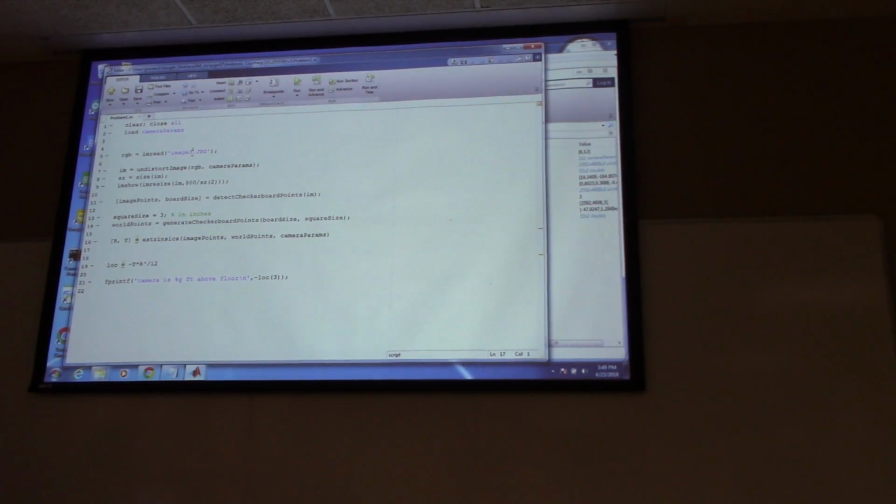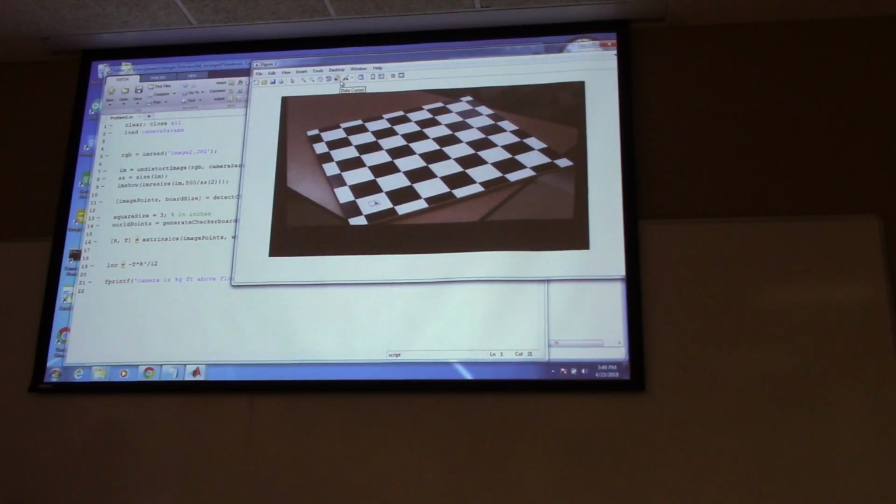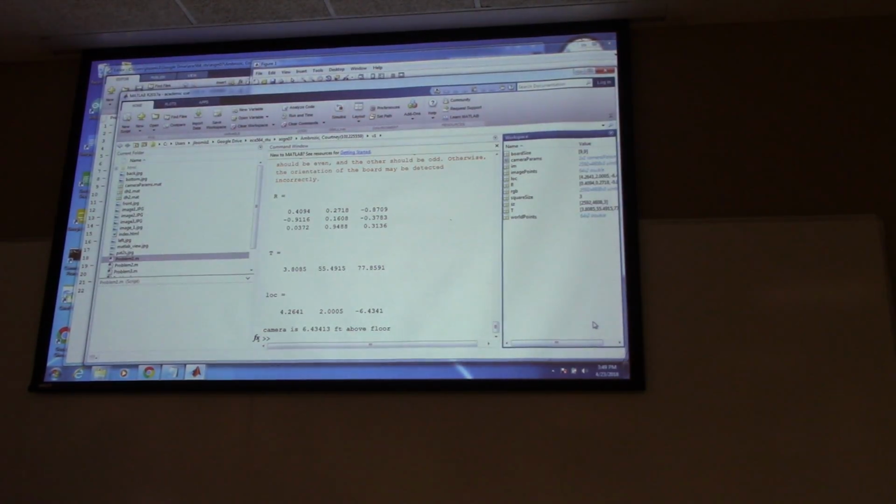Let's change it to image 2. These are better numbers, except I still don't like the camera height.